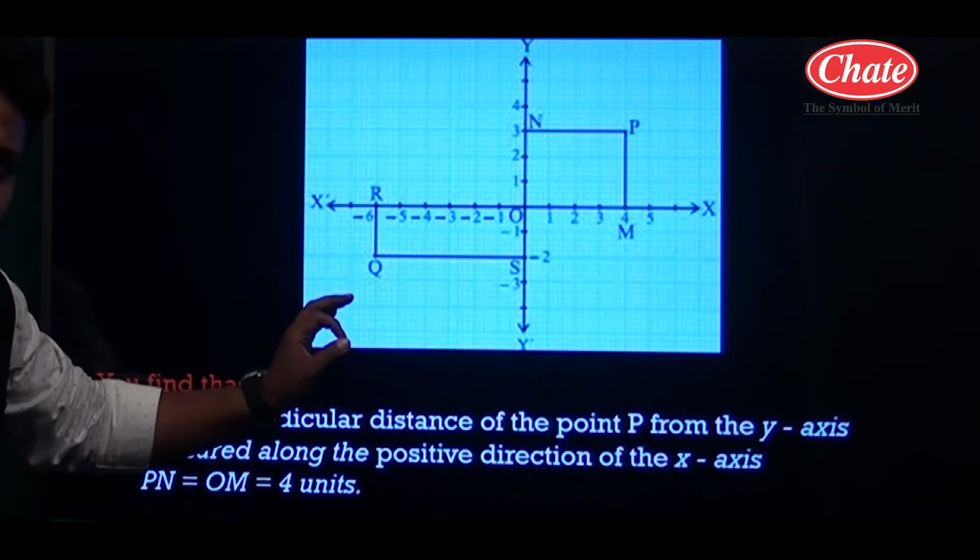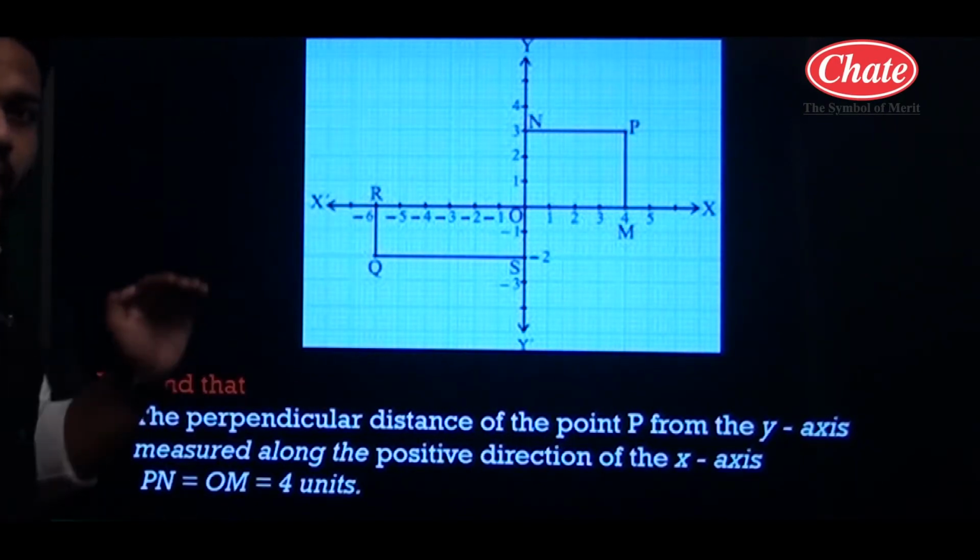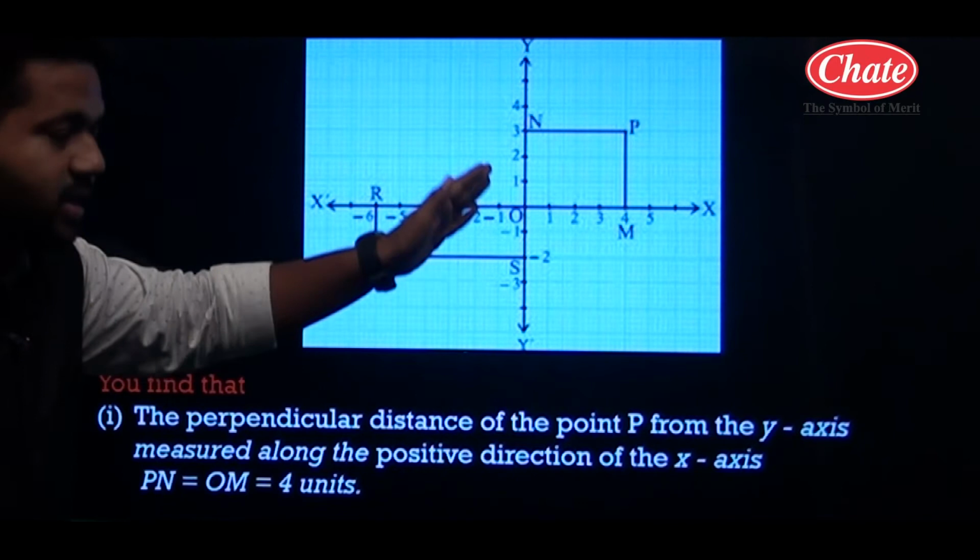Similarly, for point Q, draw a perpendicular QR on the x-axis and a perpendicular QS on the y-axis.